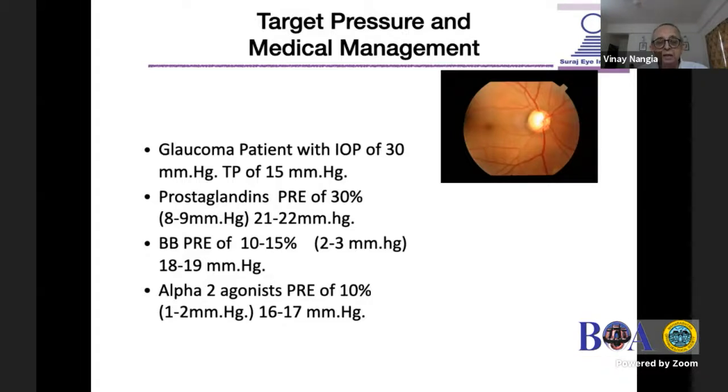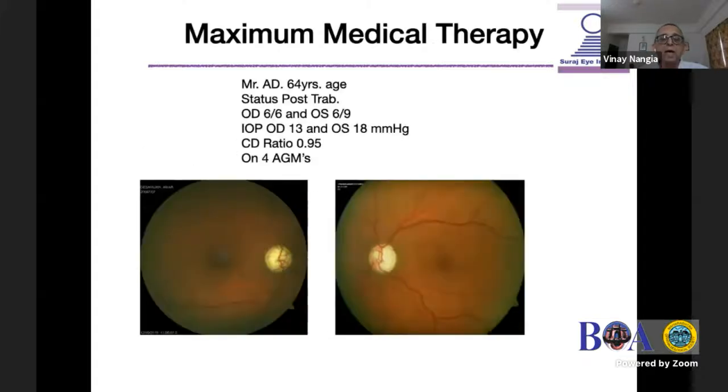We get another 2 to 3 millimeters pressure reducing efficacy. And then when we add alpha-2 agonists, we may not expect more than 1 to 2 millimeters additional pressure reduction. So you already know to a certain extent where you are headed when you're adding the second and third medication.